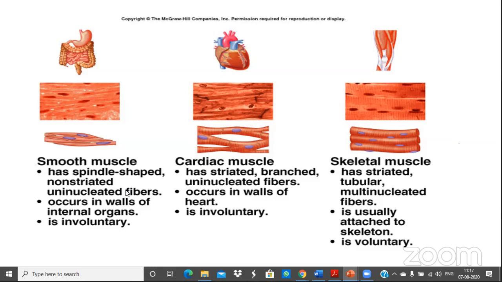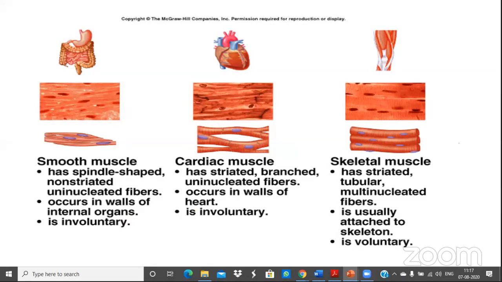There will be only one nucleus inside. They form the internal organs, and they are involuntary because they don't wait for our command. Whenever you eat, the stomach does its function without our command. Automatically that function happens. Like the lungs, they function automatically. They never stop and never wait for our command.